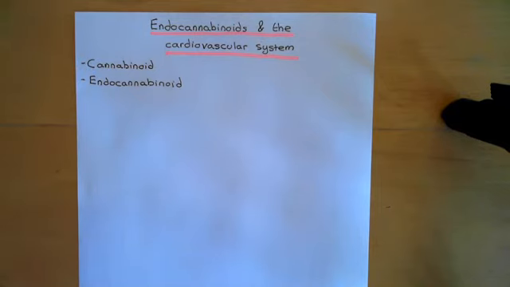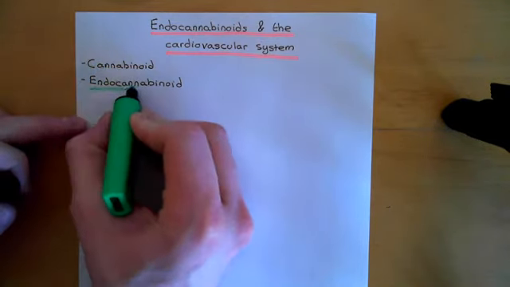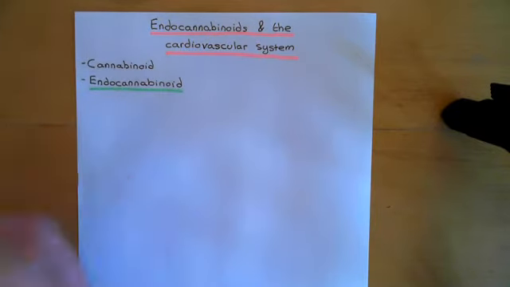Okay, so let's have a look at the main examples of endocannabinoid molecules now. So this list is continuously growing. There is now quite a long list of putative cannabinoids that are endogenous molecules within our body. But there are two main ones that have been studied the most, and it's these two that we're going to focus on in this video.